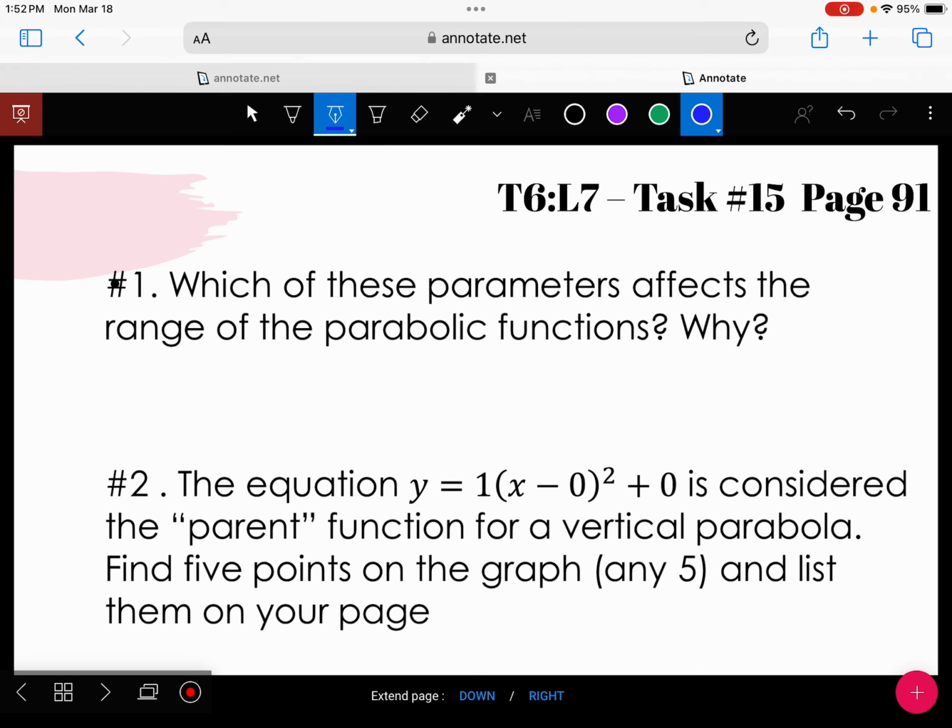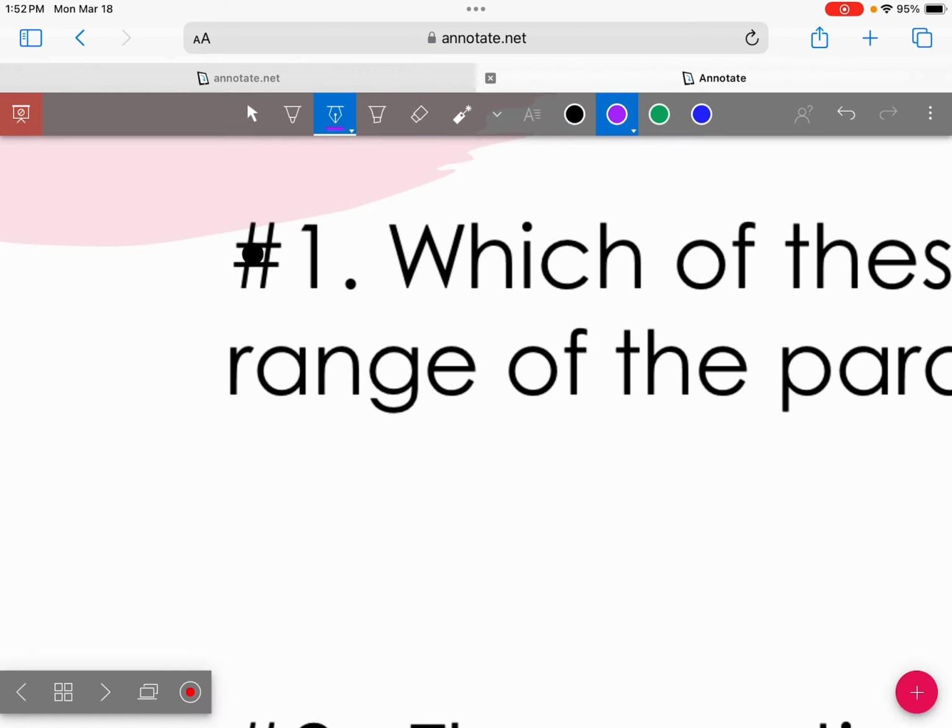They say, which of these affects the range of a parabola? What is the range? Again, which is it, X or Y? Y. So which of these affect my Y values?